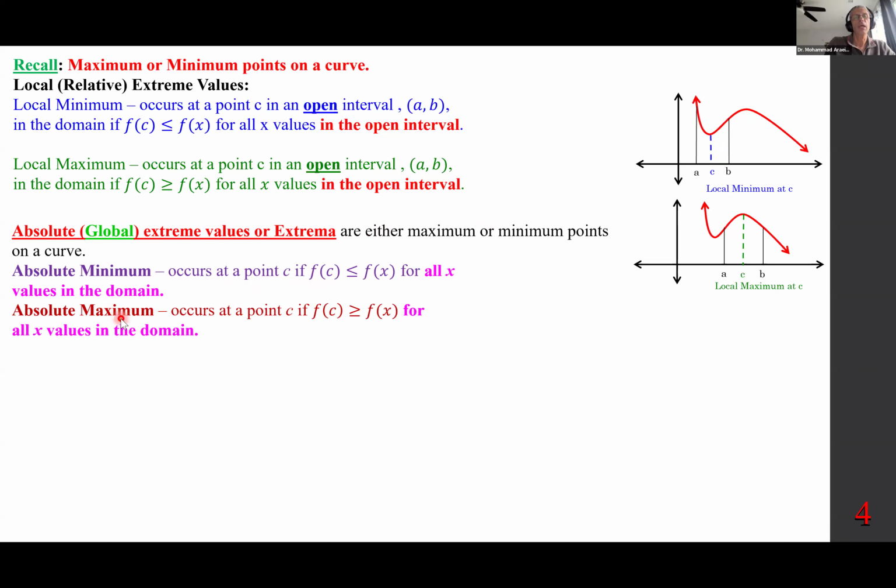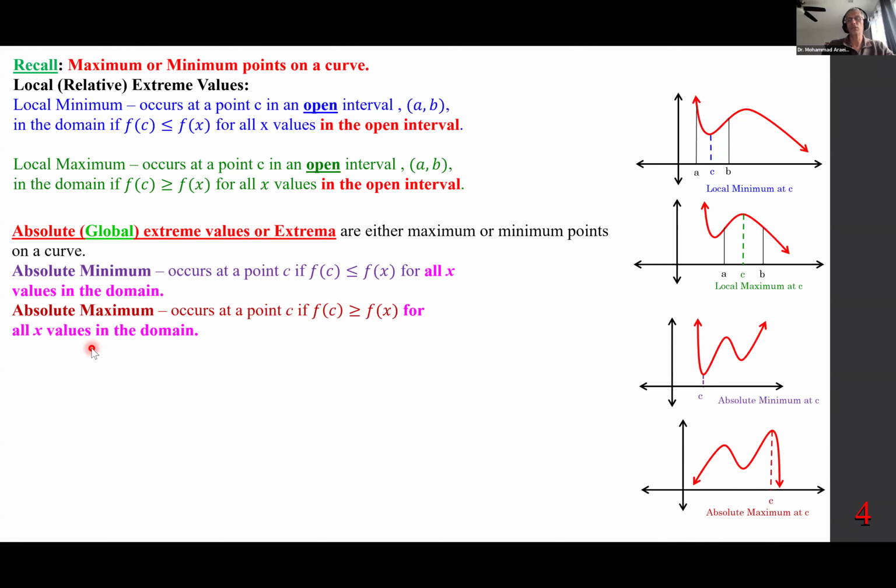Absolute maximum occurs at the point c if f of c is larger than or equal to f of x for all x values in the domain. So as you look at these two examples, this local minimum for this shape is also an absolute minimum. This local max for this shape is also an absolute max.